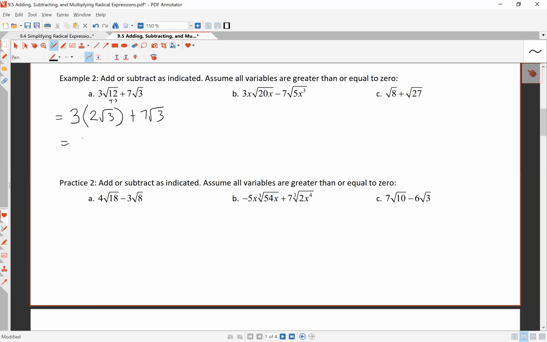So we have 3 times 2, which is 6 square root of 3 plus 7 square root of 3. Now we have the same radicand. 6 of the square root of 3 plus 7 of the square root of 3 is 13 square root of 3.